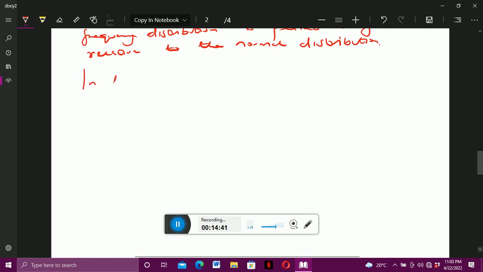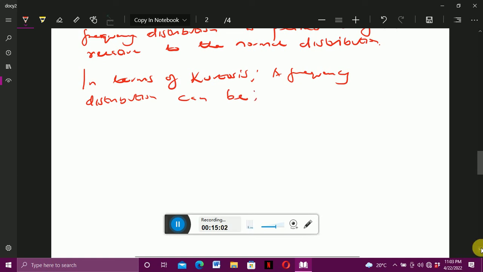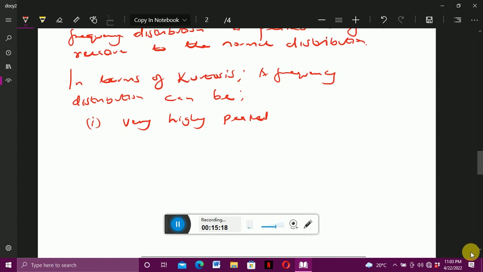In terms of kurtosis, a frequency distribution can be very highly peaked.